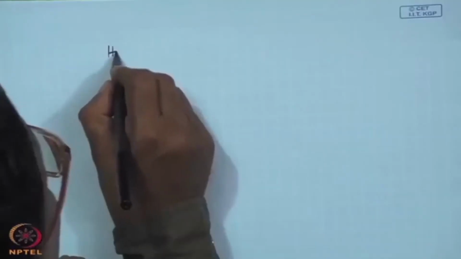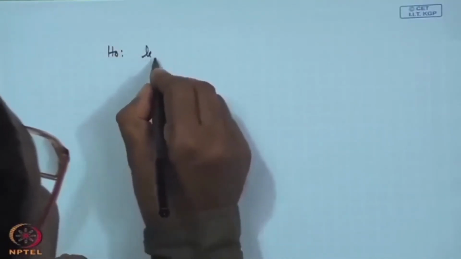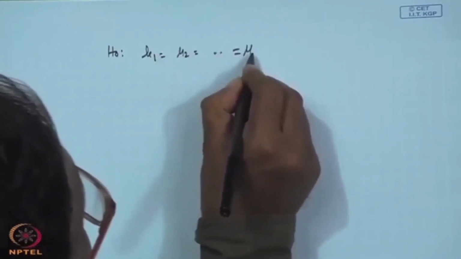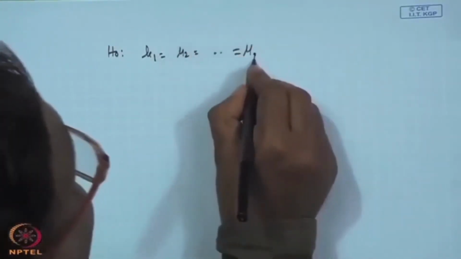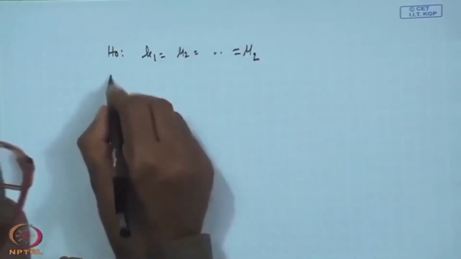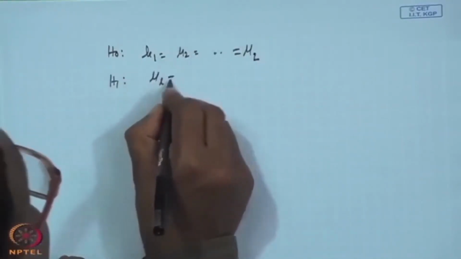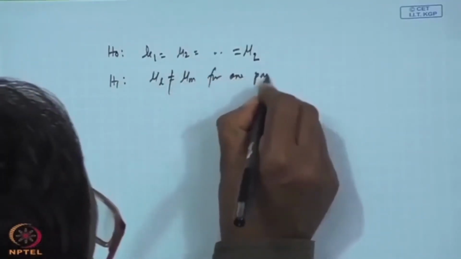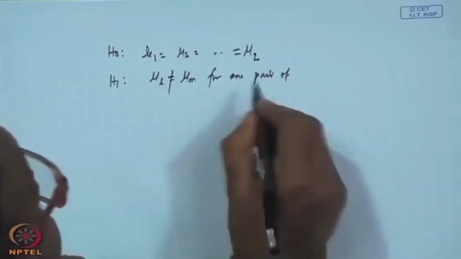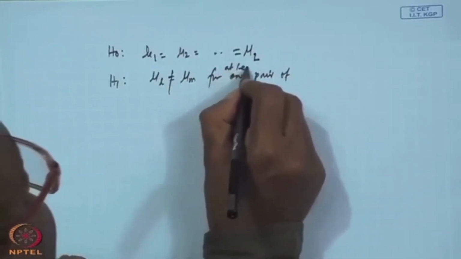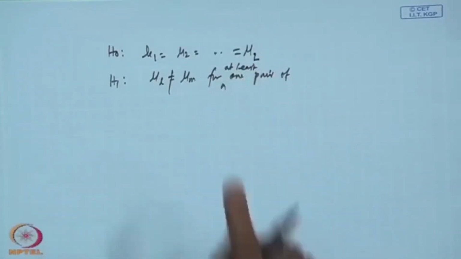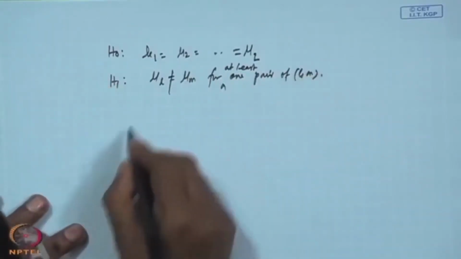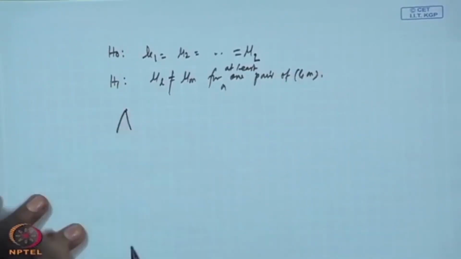That hypothesis was mu 1 equal to mu 2, and so on, equal to mu L, and the alternate hypothesis was mu L not equal to mu M for at least one pair of L, M. Then we created Wilks lambda.